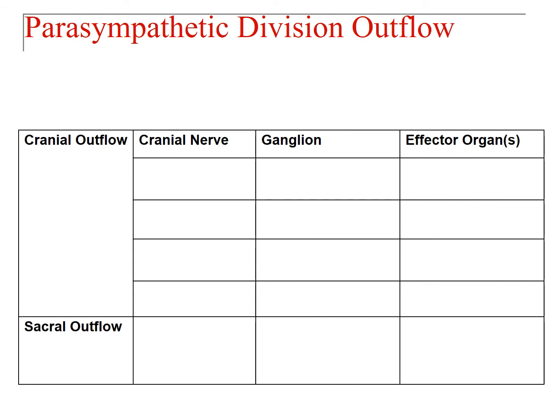So let's talk about the different types of outflow from the parasympathetic division. We're going to separate these into cranial outflow and sacral outflow, mainly because the cranial outflow is carried by cranial nerves. So let's see these cranial nerves. One is the oculomotor, which sends the preganglionic fiber to the ciliary ganglion, and it affects the eye. So what's going to be controlled here is actually pupil size and the thickness of the lens when it comes to focus.